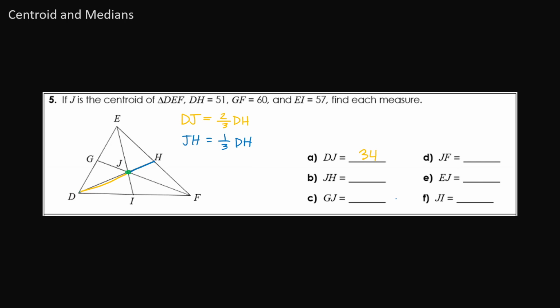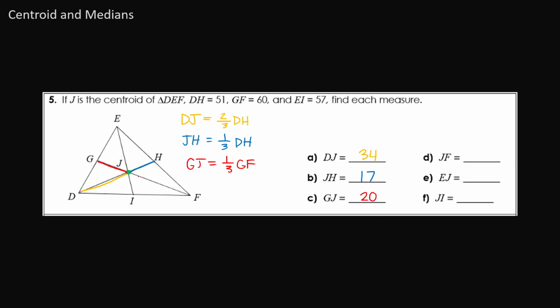And so 1/3 of DH would be 17. For GJ, I'll label that here. That's the shorter portion of GF, and GF is 60. So we know that GJ is equal to 1/3 of GF, and 1/3 of 60, that's going to be 20.